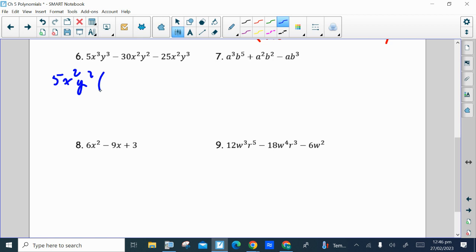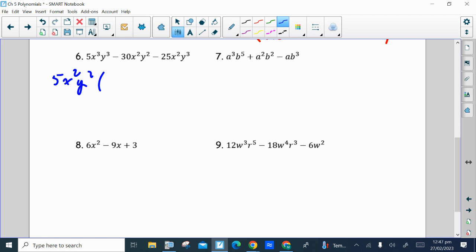To get the other factor, you divide each term by that common factor. So do that now, and then we'll check it. Are you done, Declan?